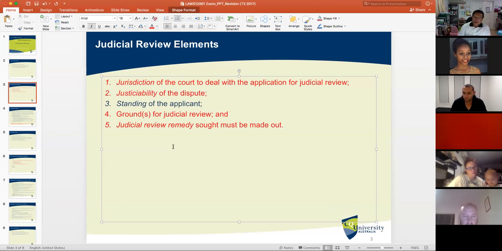The other point is that if the ADJR Act is unavailable, there will be a question in the final take-home paper which will relate to whether it is the ADJR Act which is applicable or some other basis for a court's jurisdiction. There are at least two other bases for a court's jurisdiction.